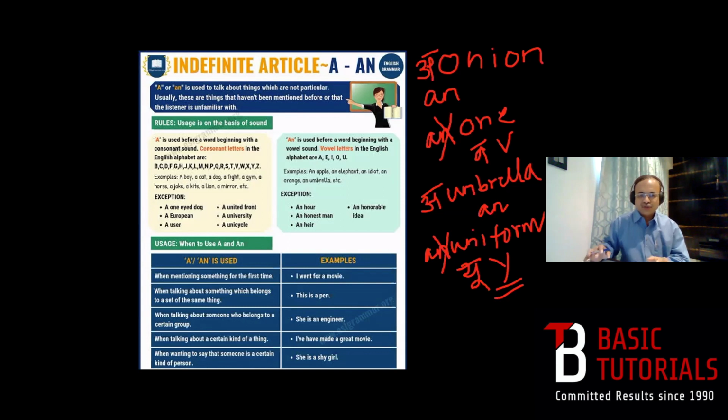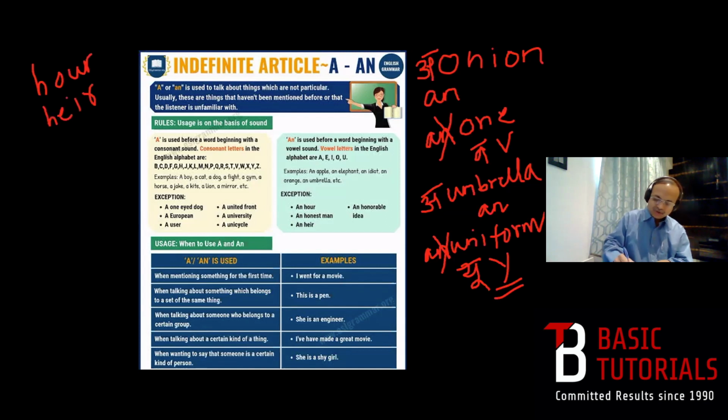Here, though H is a consonant, how do you pronounce it? You pronounce it as "aw": hour, heir, honorable. Now, all these words, though they start with a consonant, since it's a vowel sound, it is pronounced without the H. H-O-U-R, H-E-I-R, H-O-N-E-S-T.